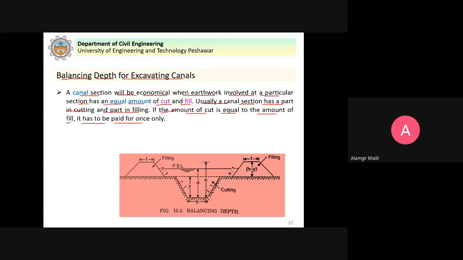If we have more cutting in the canal section, we have to dispose of the extra material, take it to another area, for example. So that's why a canal section will be economical when the earthwork involved at a particular section has equal amounts of both cut and fill.